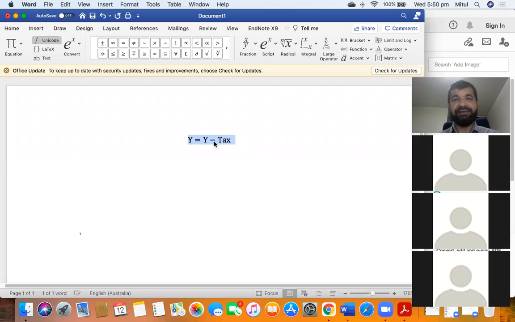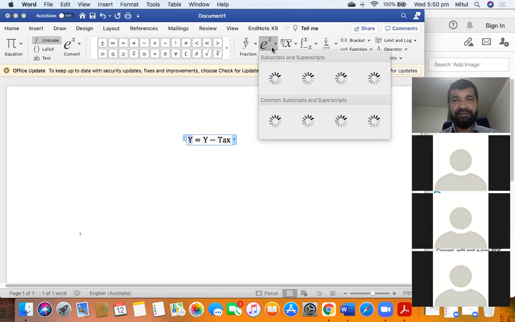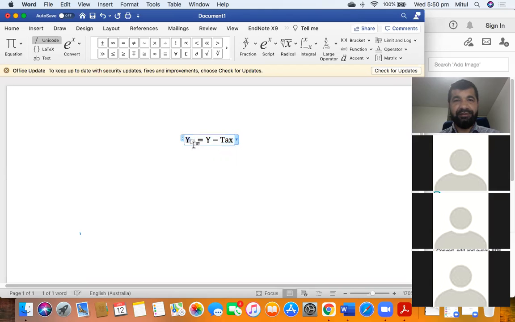Y minus tax, and this one we can say is disposable income. So let's say this is D. Really, gross income minus tax. So you're saying here that Y_D is equal to Y minus T. That's our tax.